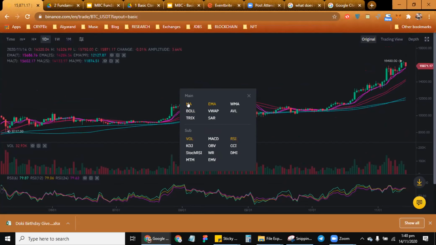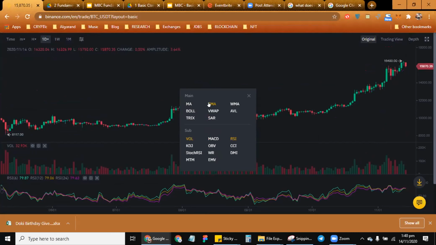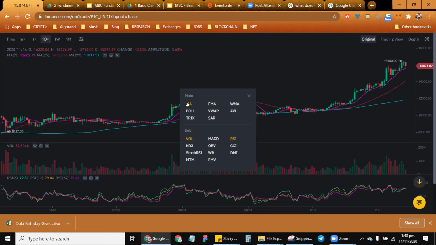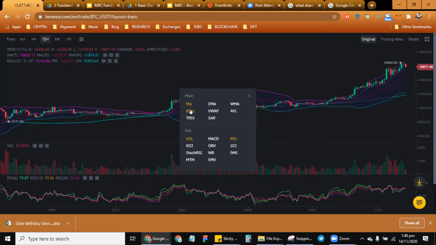So there are exponential moving averages and then there are normal moving averages. Now these lines show the trend of where the currency is going. And then the Bollinger Bands show you the support and resistance level, the moving average, those are the 3 things it shows.